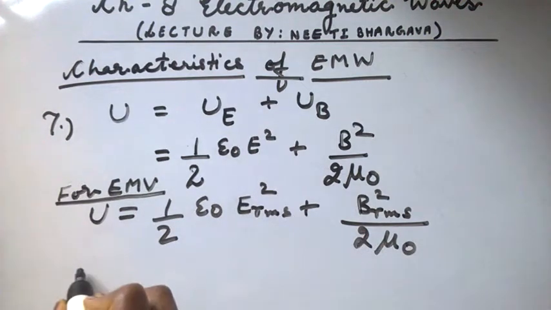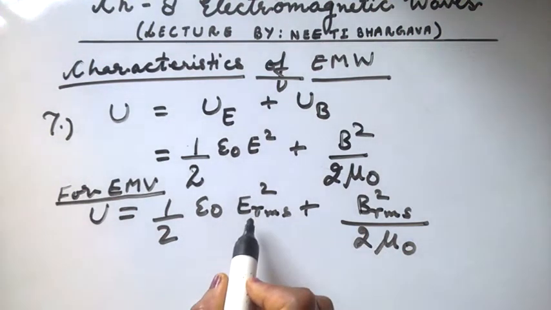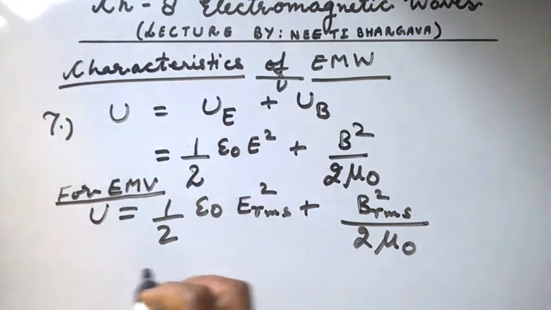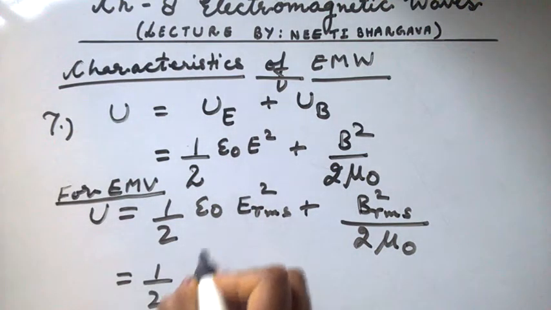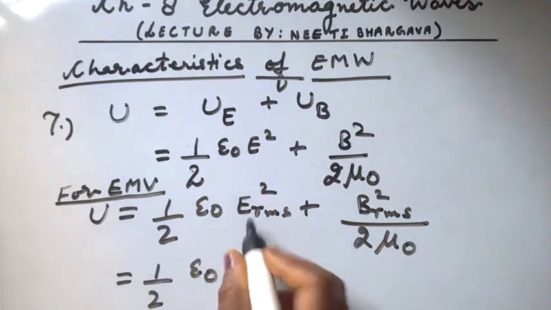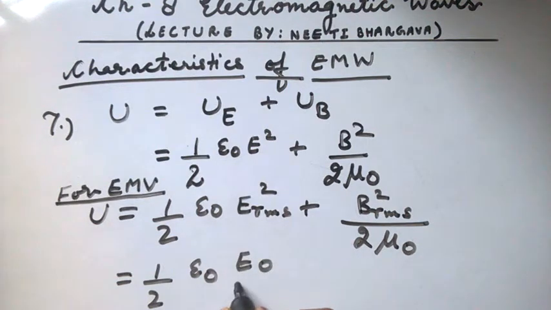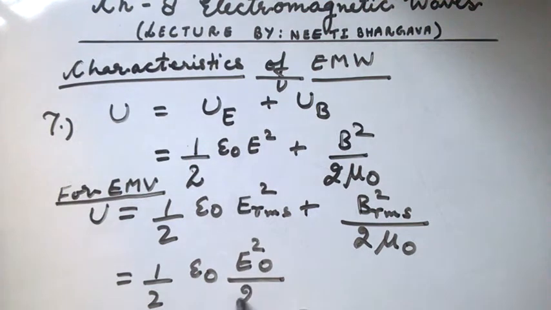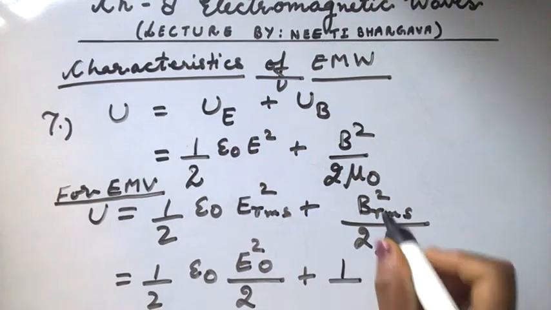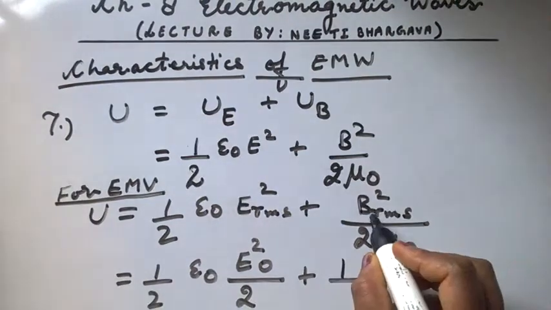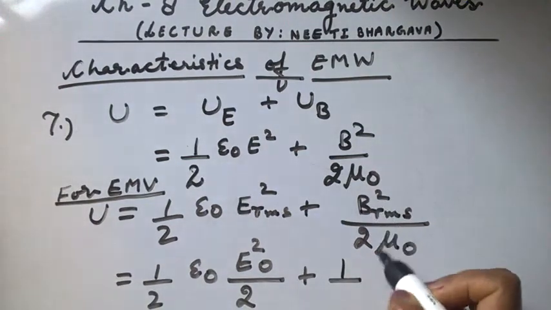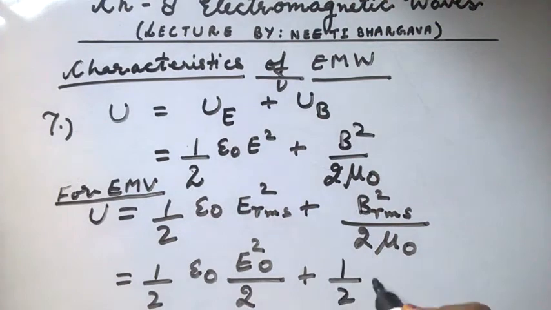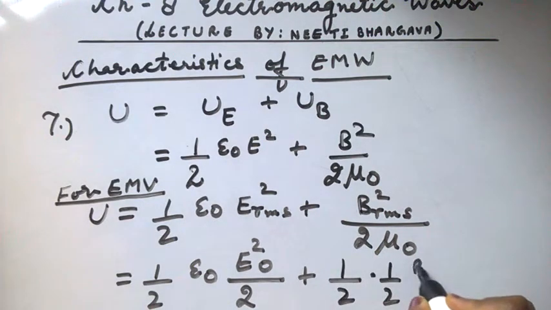Now, as we have studied, ERMS is equal to E naught by root 2, so its square gives E naught square by 2, and BRMS square is written as B naught square by 2, that is 1 by 2 into 1 by 2 B naught square by mu naught.